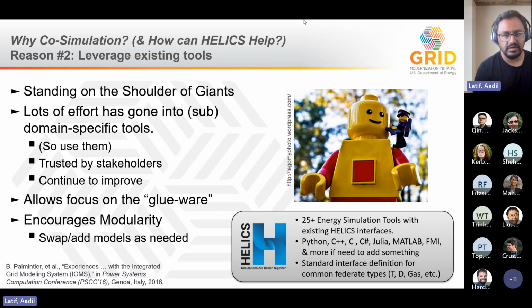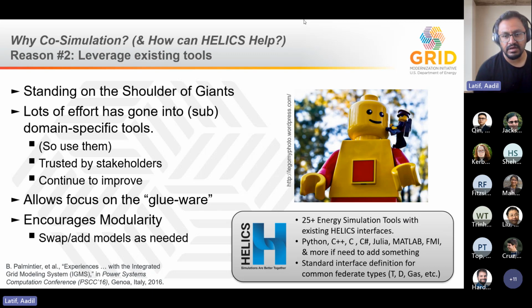So we want to be able to reuse some of these tools that have taken a long time and a lot of capital to develop. We don't want to be reinventing the wheel. We don't want to be developing an uber tool that is able to model essentially every subdomain that I've talked about, say natural gas, the power system, communication. It is also not very easy to do that.